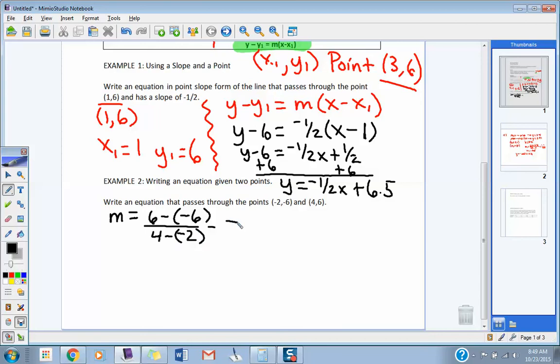Okay. So help me with the arithmetic to find the slope. What do you get up top, kiddos? 12 over 6. And that's nicely going to simplify to what value? 2. So my slope is 2.